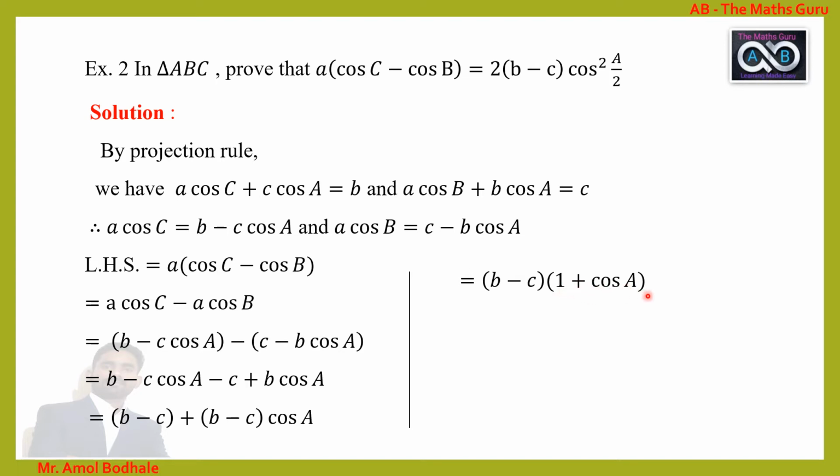In 11th standard we have learned the formula that 1 plus cos 2A can be replaced by 2 cos square A. So here 1 plus cos A can be replaced by 2 cos square A by 2, which is our required RHS. That is equal to 2 times b minus c cos square of A by 2, which is the RHS. So we proved the given statement.